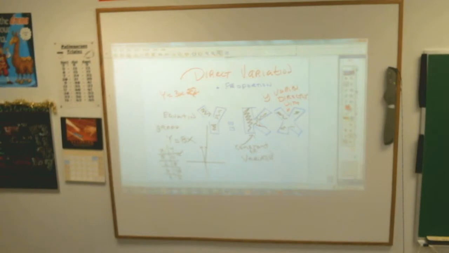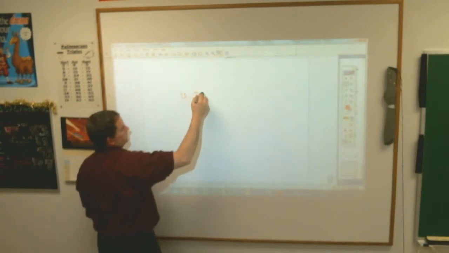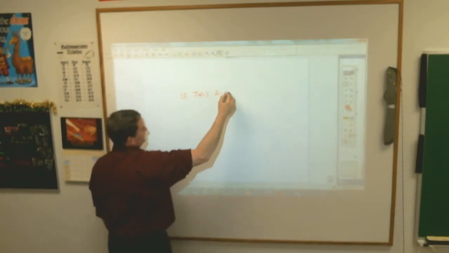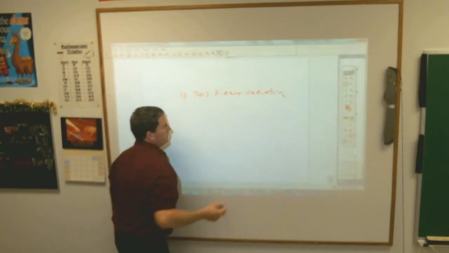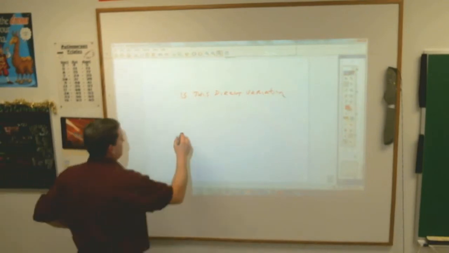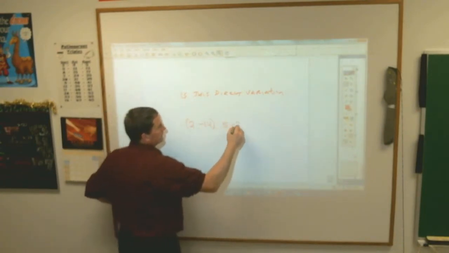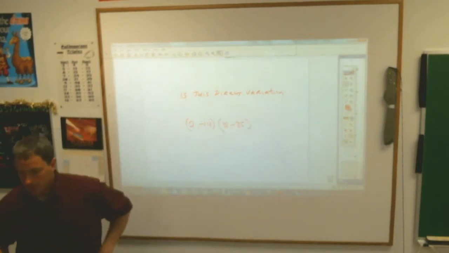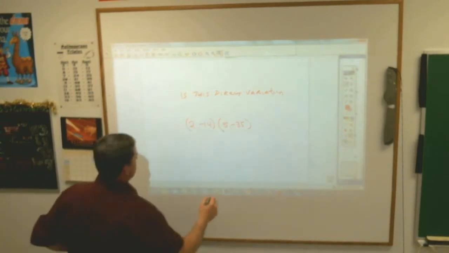So a question they ask is this: is this direct variation? And they will give you points such as these: 2, negative 14; 5, negative 35; and negative 3, 21.